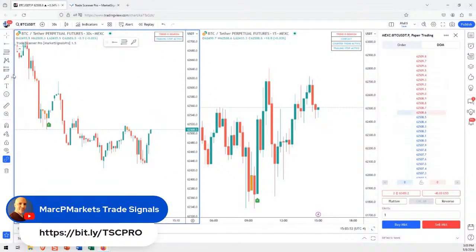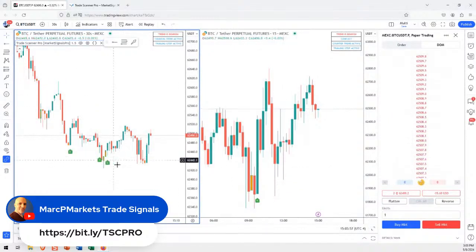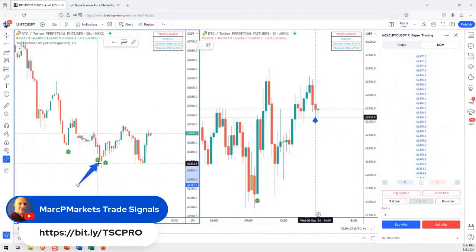Now let's see. Am I getting counter trend signals on here? Let's see what's going on. I don't have a new one. I had some earlier ones. Look at this, counter trend longs. It's too bad I don't really like this level. If I was more confident with this level, I'd be interested in these counter trend longs. But we're just not at that. I'm using my judgment.